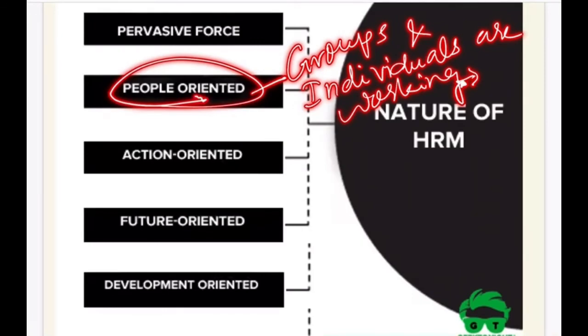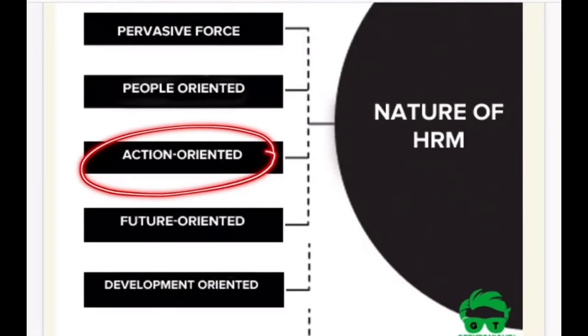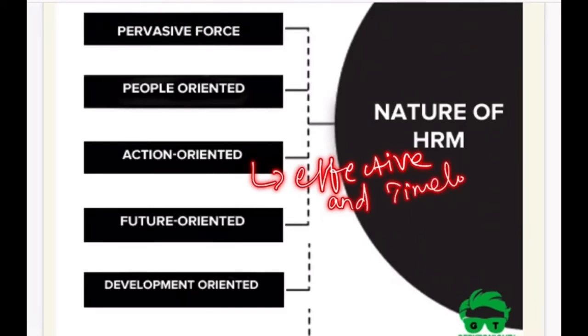Next is action oriented. HRM does follow rules, records and policies, and it also gives importance to action. So it governs the organization through its rules, records and policies, and it focuses on effective and timely action.